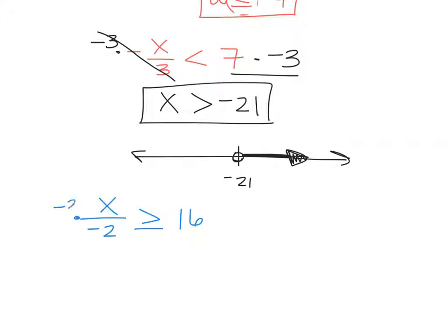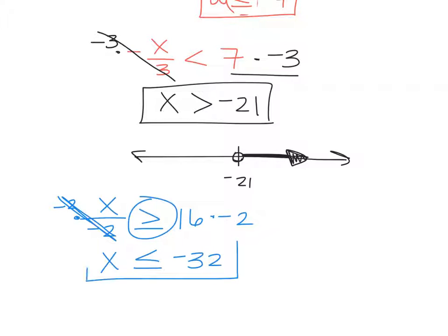So multiply by -2 and multiply by -2. What's that going to do to this symbol? Flip it over. So you're going to get less than or equal to. This cancels, so you're left with x. Over here you have -32. So x is less than or equal to -32.